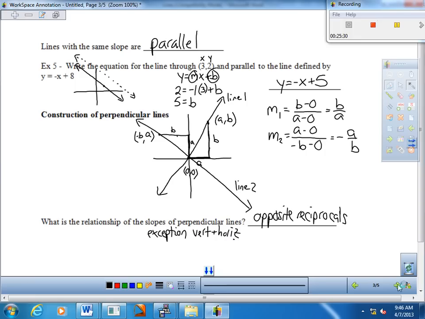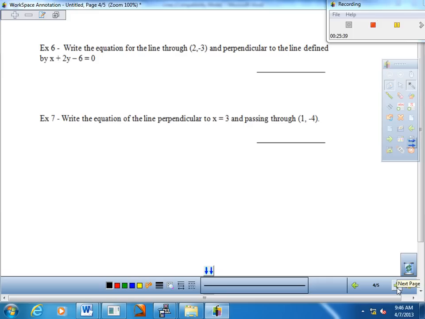Alrighty, good. Let's do example 6, example 7, round this out here. And one application, and then we should be all set. So example 6, write the equation for the line through (2, -3) and perpendicular to the line defined by this thing over here. It looks like it's in this general form, so I think I'll have to change that.